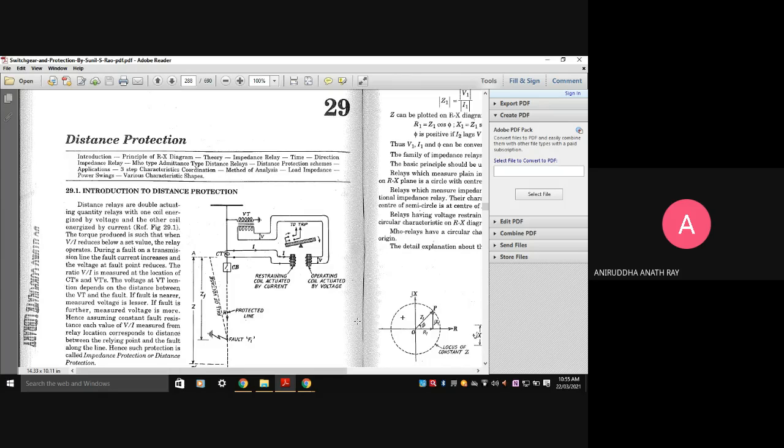Again, the voltage at the VT location depends on the distance between the VT and the fault. If the fault is nearer, the measured voltage is less.